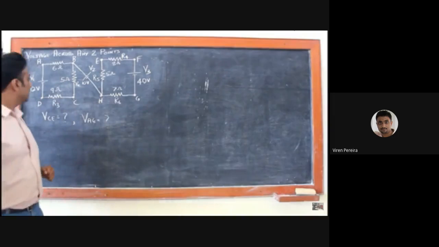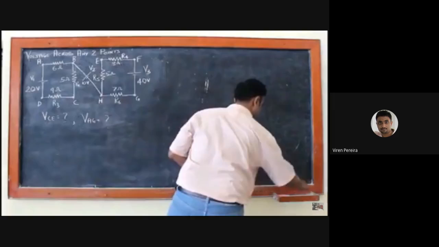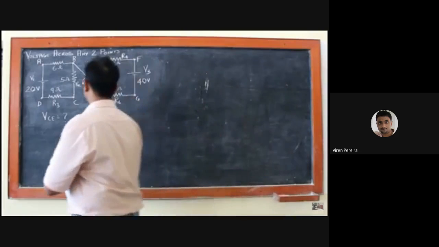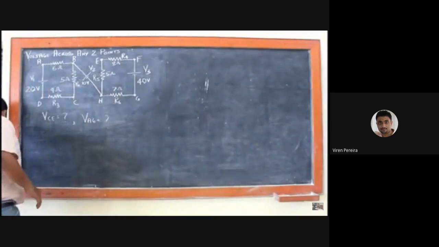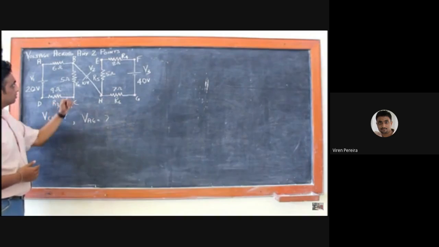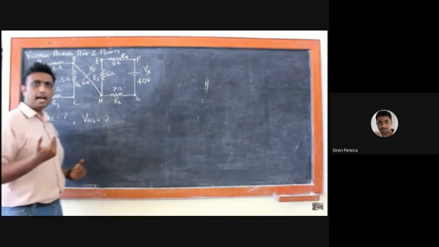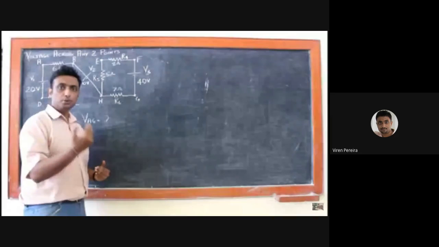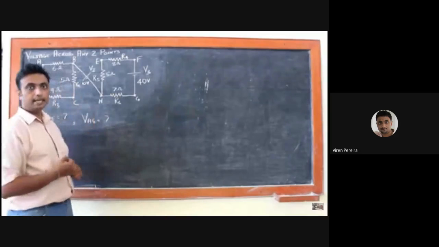So in this, we will first have to understand the fact that if you're having a multimeter, say you want to find out the voltage across VC, your multimeter basically has terminals. It has the positive terminal and it has the negative terminal.